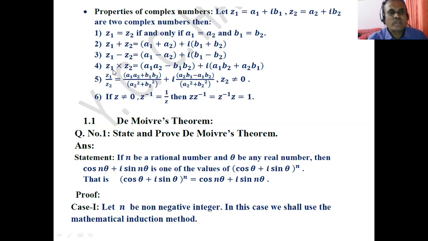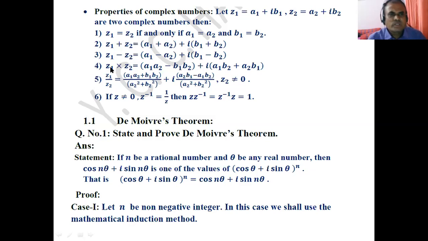Now the fourth property, z1 into z2 is equal to the bracket a1 into a2 minus b1 into b2. This is the real part, plus i into bracket a1 b2 plus a2 b1. So when we multiply these, we get the result in the form of a complex number.